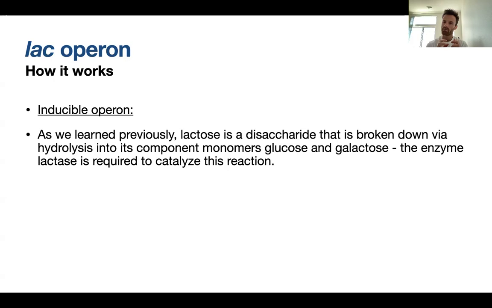They're covalently linked together, and lactase is the enzyme that catalyzes this hydrolysis reaction, right? You need water and this enzyme to break down lactose and produce glucose and galactose.